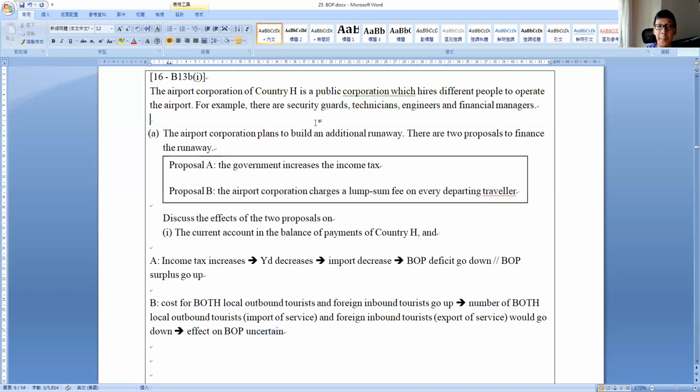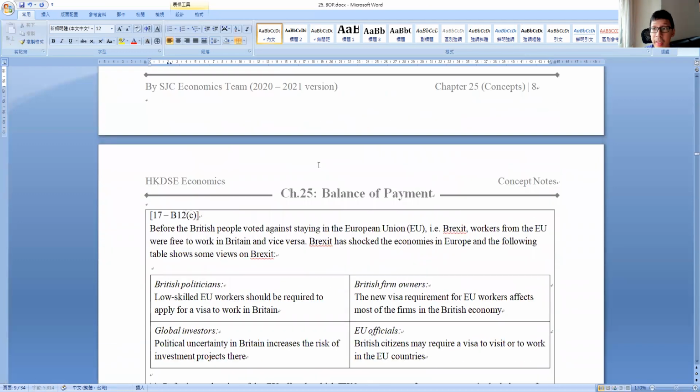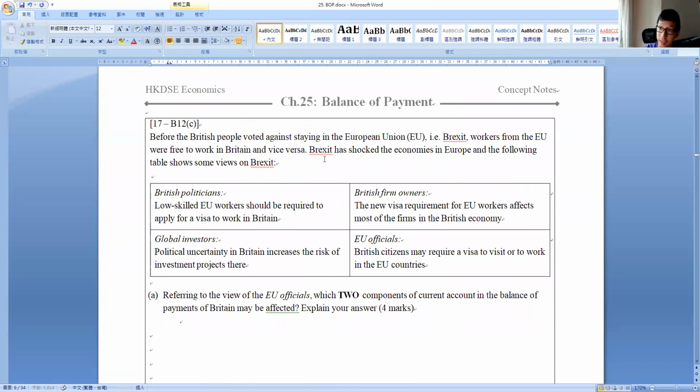So you see, right? When we talk about components of BOP, 呢個緊要㗎。呢條 video 點解咁緊要啊？Why is it so important? Because it appears in long questions, and we are not done yet. The worst is we are not done yet. Here, let's go to the next long question.